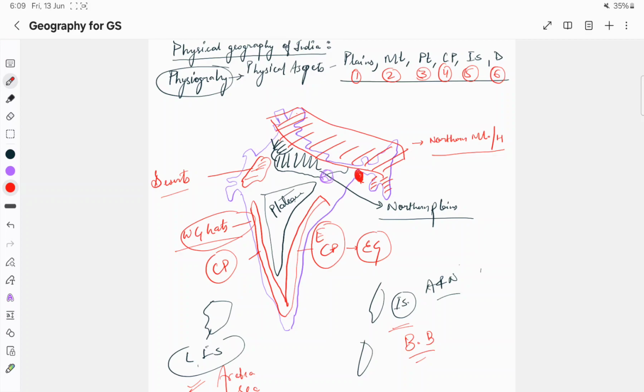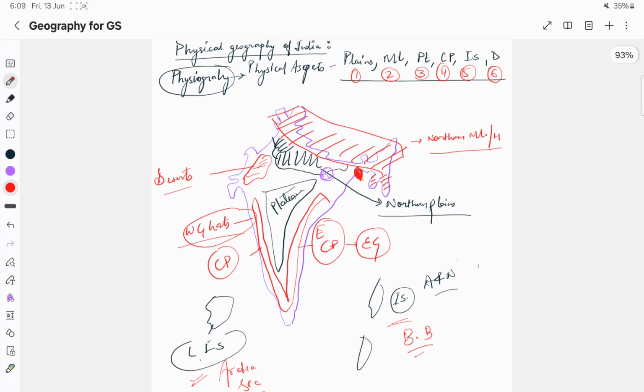That's it. After the second thing, we'll go for the third thing. We'll dig deeper into these physiographical aspects. Now we started from northern Indian mountains. Why northern Indian mountains? Because we sync it from north to south. Like we have in north, northern mountains, then northern plains, then plateau, and also coastal plains, then deserts, islands, right?